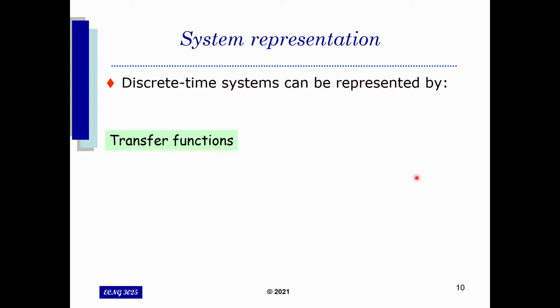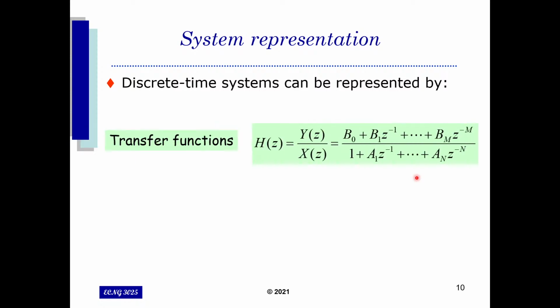Now, discretized time systems basically have different ways they can be represented. We can use transfer functions, which is going to be the output divided by the input in terms of z. Impulse responses, which is like if we have an h of n sequence equal to a z transform of h of z. Most of the time we won't really use the impulse response.